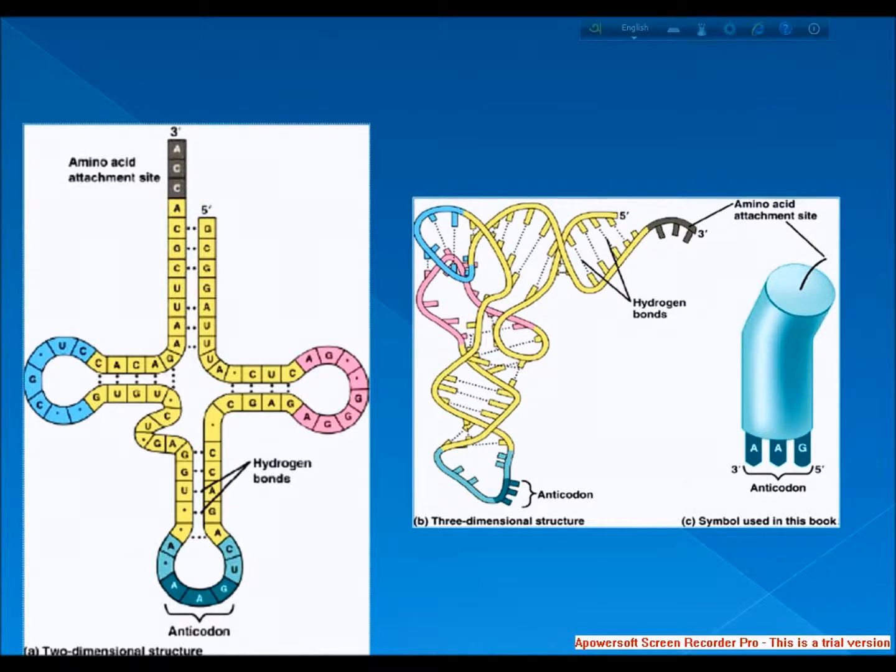This is the two-dimensional structure of tRNA, where this section is the amino acid attachment site, the ACC portion. This is the anticodon on the opposite side, and in between, hydrogen bonds are present.